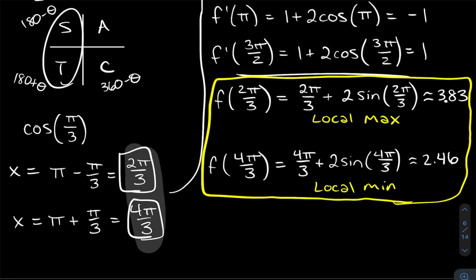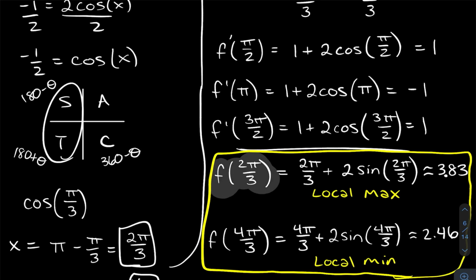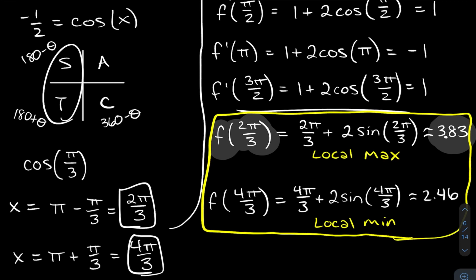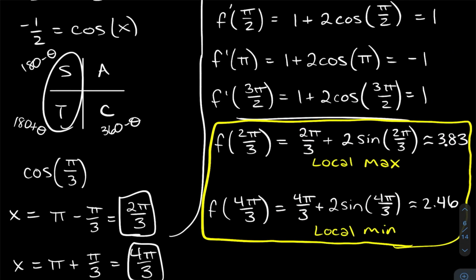But then we were able to find our critical points still, and from that we used a sign chart, we plugged in test points, and we got our x value for our local max, and from there, we can find our y value for that local max. And then we did that again for the local min. How do we know whether local max or local min? Well, we just look at our sign chart. If we're going from positive to negative slope, then we know we have a max. And if you go from negative to positive, we know we have a minimum. Same thing every time.